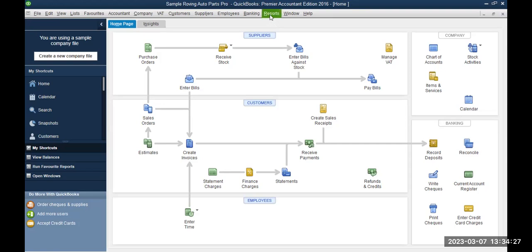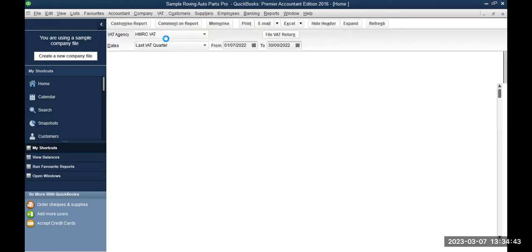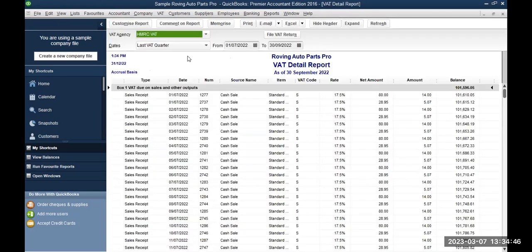Now, for those who are VAT registered, you can come here under VAT. There's a VAT tab up on top here. So there's a VAT detailed report, which shows you the VAT for the period that you're looking at.